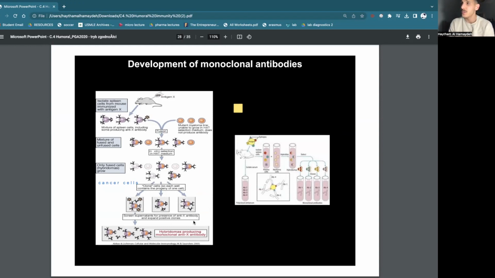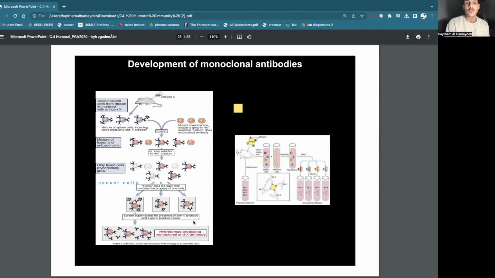Why? Because cancerous cells cannot produce antibodies and cannot activate themselves. And B cells can produce antibodies, but they cannot produce them in large amounts.